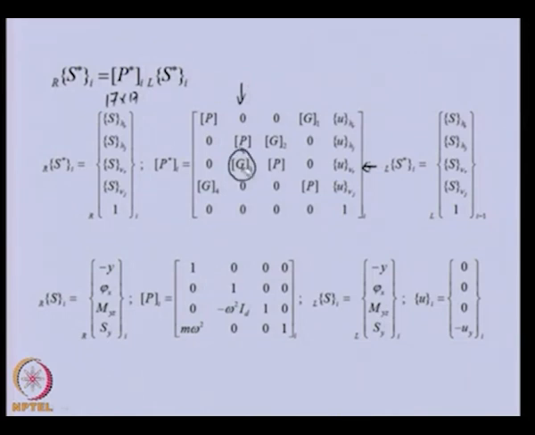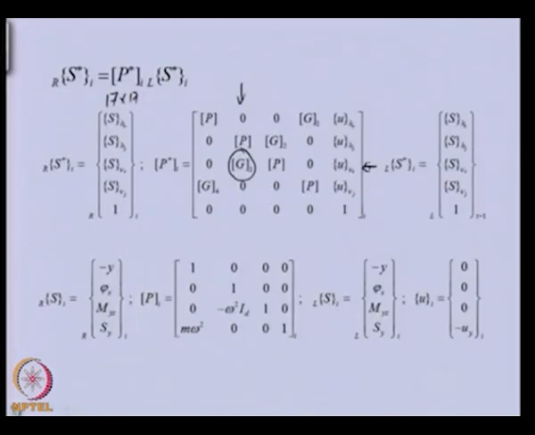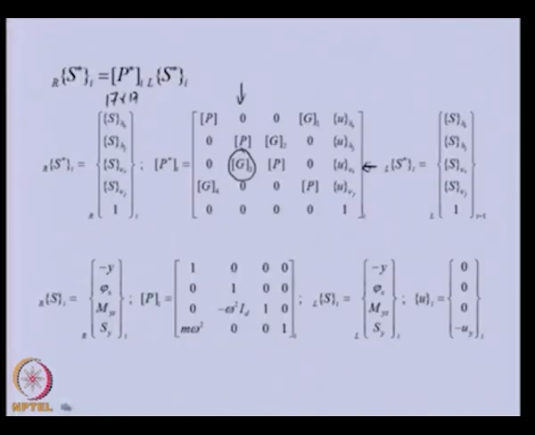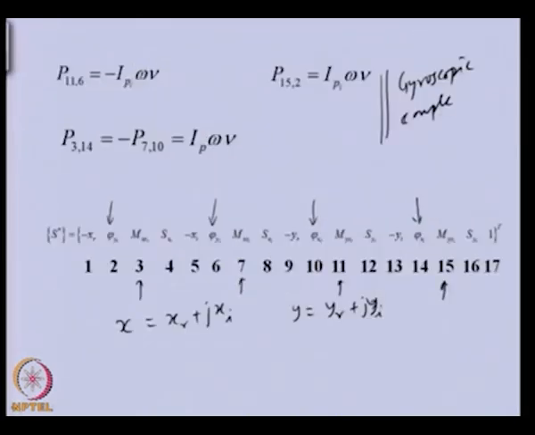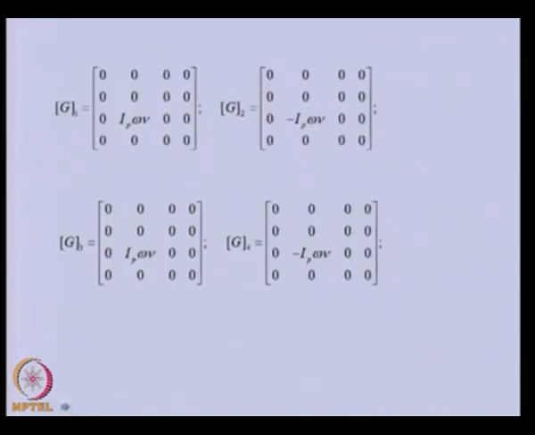You can see this G3 will be belonging to this particular vector. Similarly, for the other 4 entries we have this, this and this. They will be coming in G1, G2, G3, with only single terms in the whole 4 by 4 matrix.